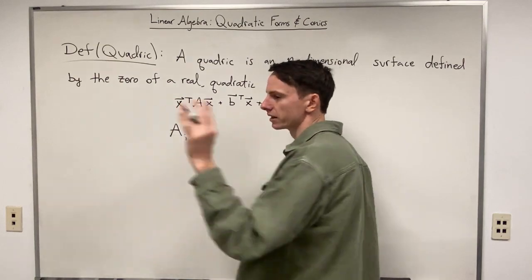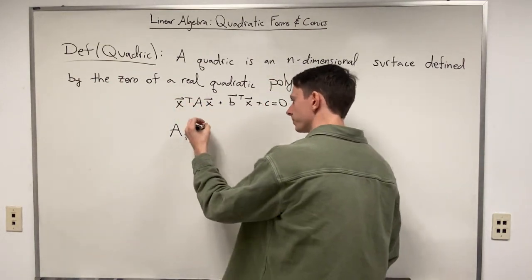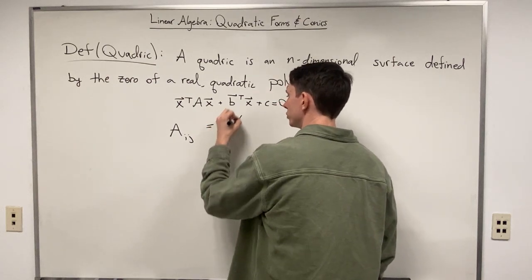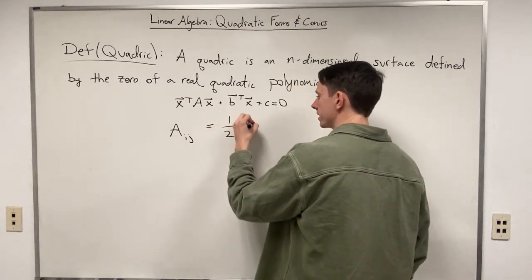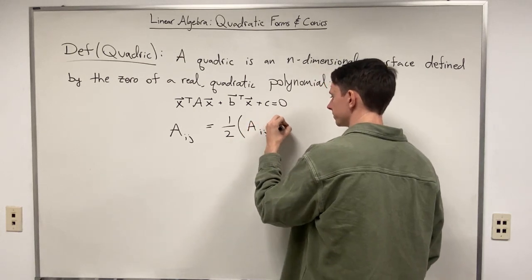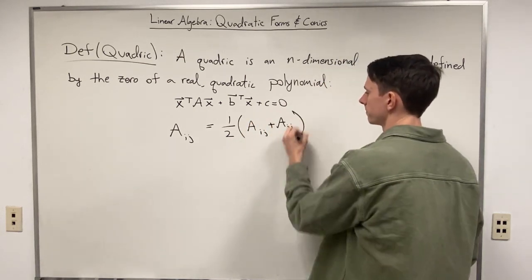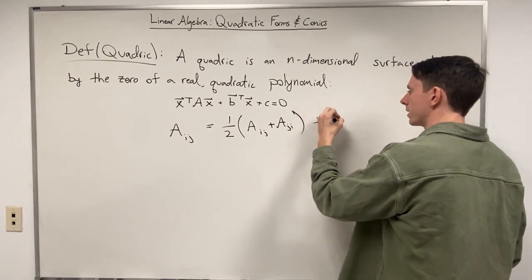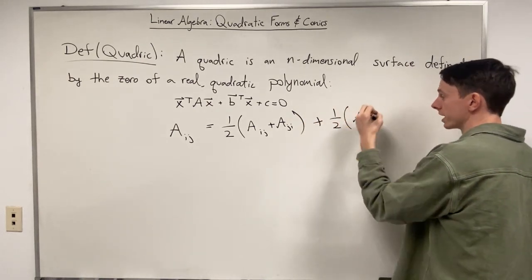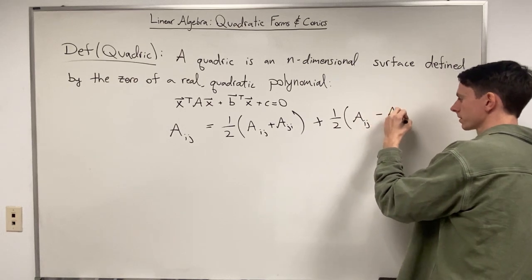I'm going to use element notation to show this. What I can do is break this up into two quantities. I can write A as 1/2 (aij plus aji), and then I can also add plus 1/2 (aij minus aji).